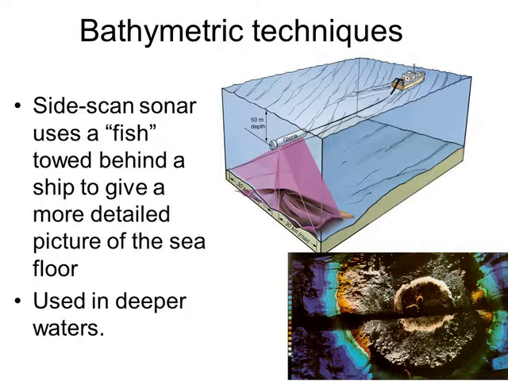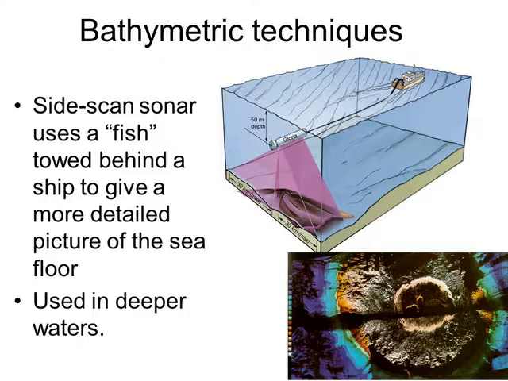Now, back in the day, they used that sounding line, which really you couldn't see that scattering layer using. But nowadays, we have more sophisticated equipment. One particular piece of equipment, known as the fish, but essentially a side scan sonar, is dragged behind the boat at some depth, which is determined.